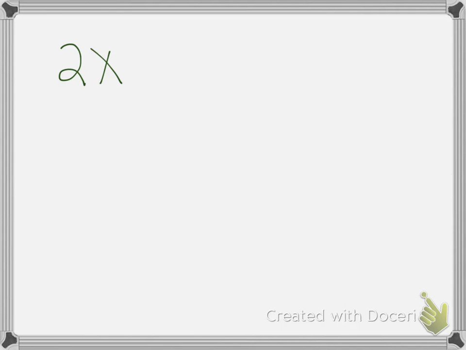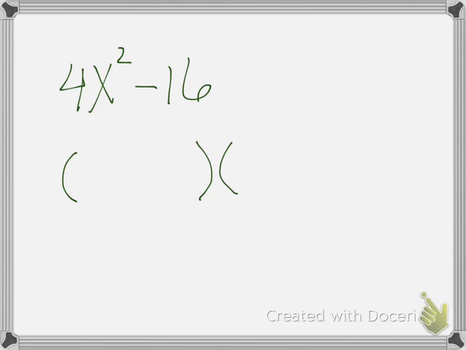Recognize a difference of squares. Let's write down a difference of squares first. 4x squared minus 16, right? 4 is a perfect square, x squared is a perfect square, 16 is a perfect square. This is a difference of squares. So we can set up our two parentheses. 4 is 2 times 2.